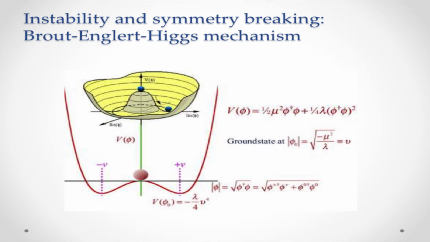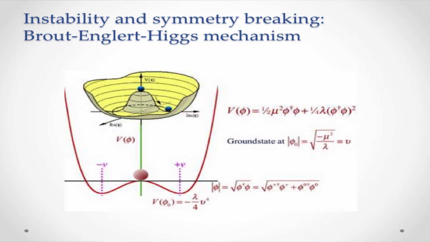So what these physicists suggested was that we have a potential which looks like this, and which requires that the system moves from the symmetric unstable equilibrium to a stable equilibrium at the bottom.